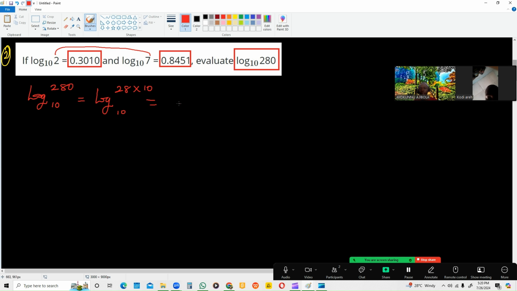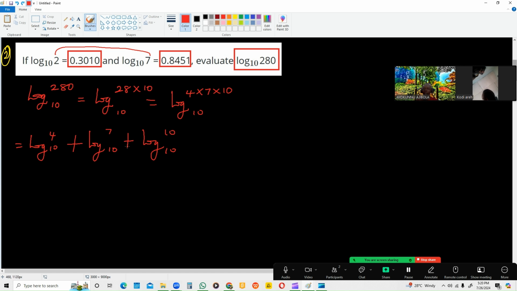Then 28 becomes 4 times 7, times 10, still in base 10. Then I can split all of these logs by saying this is equal to log 4 base 10 plus log 7 base 10 plus log 10 base 10. Okay?